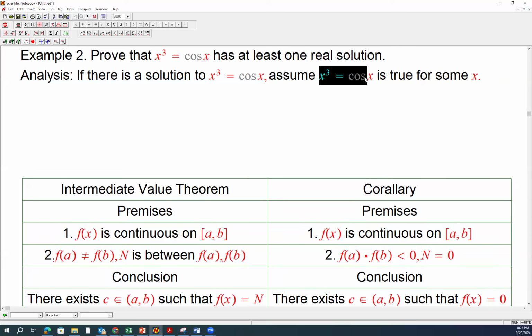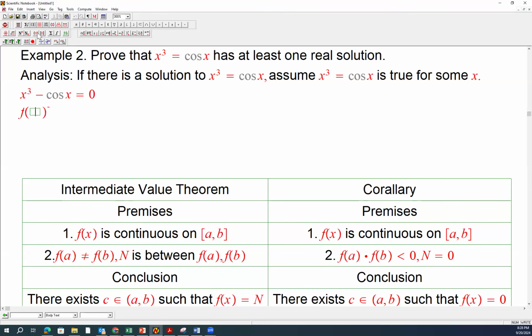If it is true for some x, then I can subtract cosine x and make it equal to 0, because if this is true, then x cubed minus cosine x will be 0. So this gives us the clue to identify the function for which we can apply the theorem or the corollary.